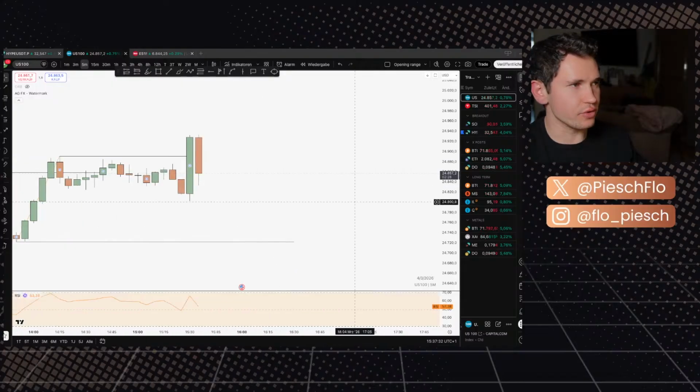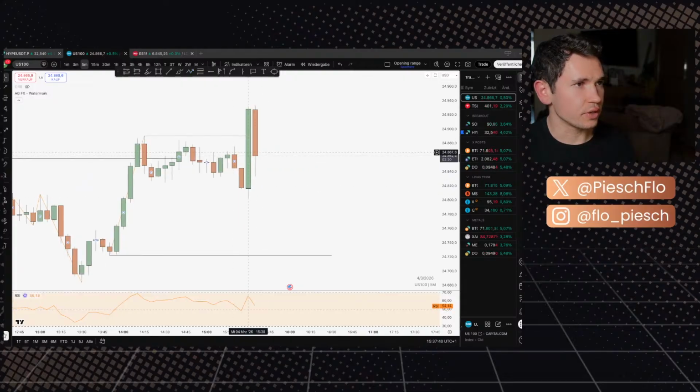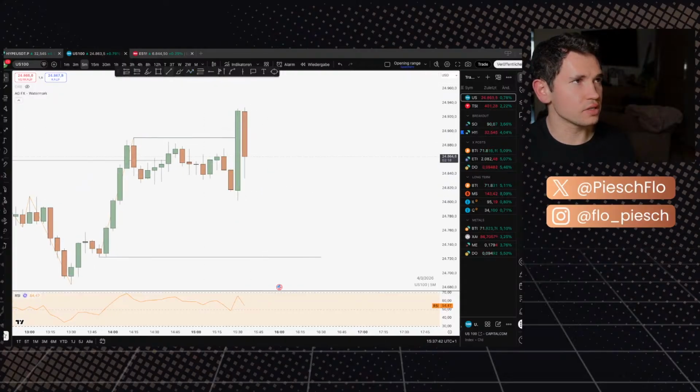Market structure is really ass today, but it is what it is. If we create 2 up candles, 2 consecutive ones, then this is the new low.